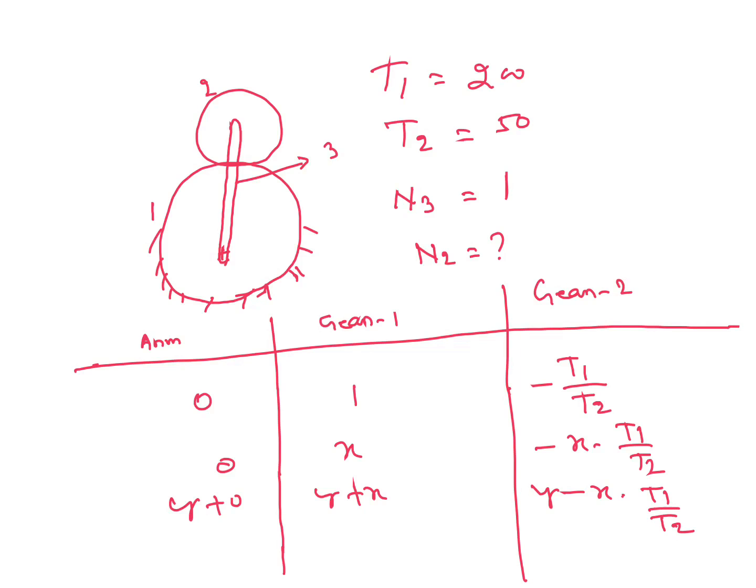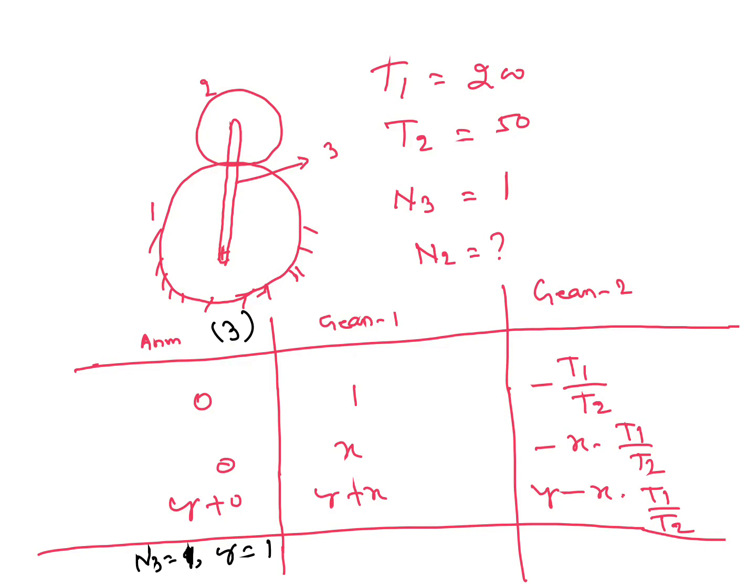So already given N3, N3 equal to 1, so y equal to 1. Then gear 1 is the fixed gear, so y plus x equal to 0, x equal to minus y equal to minus 1.